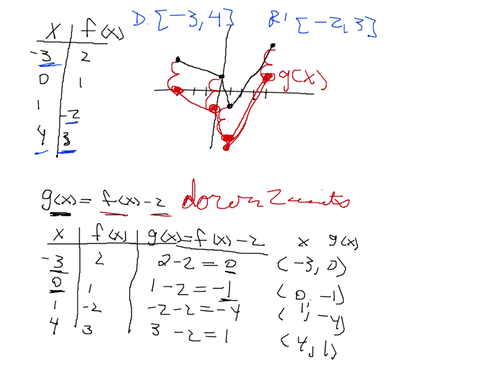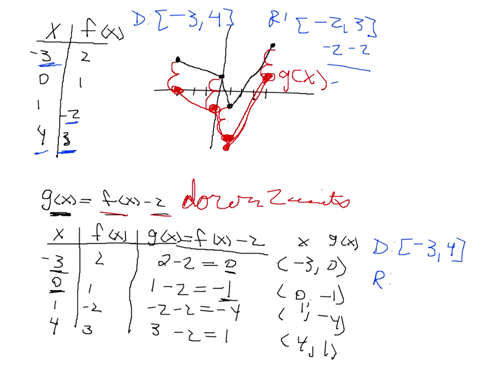Now if I come over here and look, my domain has stayed the same. So when I do things vertically, the domain doesn't change. But my range, when I move every point down, I move the left endpoint down 2, and I move the right endpoint down 2.